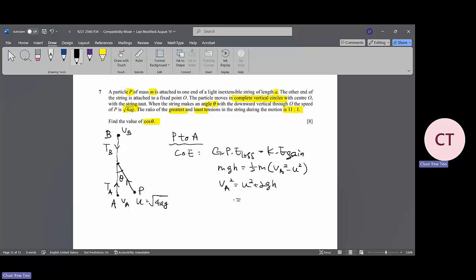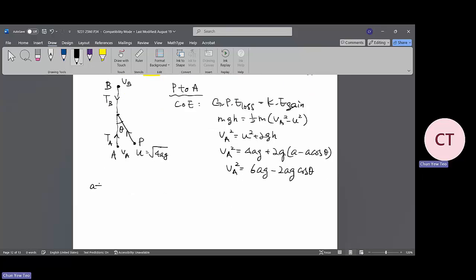The U squared is given as 4ag, and h is given as a minus a cos theta. Simplify them, you get 6ag minus 2ag cos theta. That is your VA squared.